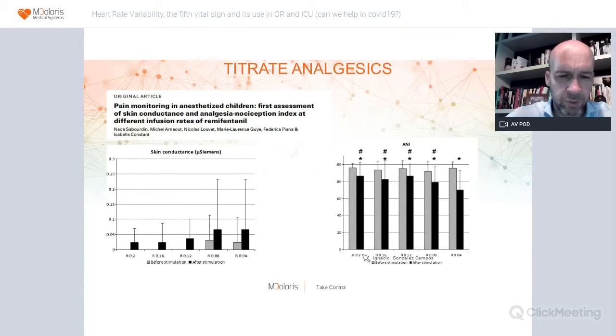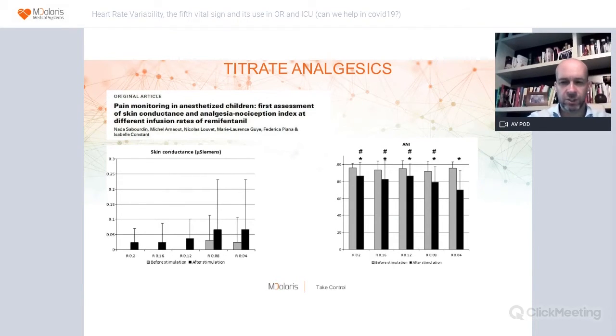We have a high ENI with a certain amount of remifentanil, and it decreased when we applied the noxious stimulation. It decreased again, and the difference between the pre- and post-stimulation increases as we decrease the remifentanil concentration. So we are able to detect the different levels of remifentanil in the patient, because the response of the ENI is bigger as we decrease the concentrations of remifentanil.